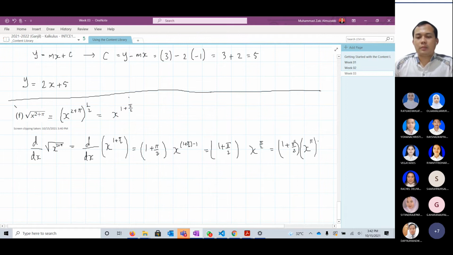We power it again by half. And this one becomes square root of x power pi. Is it clear?